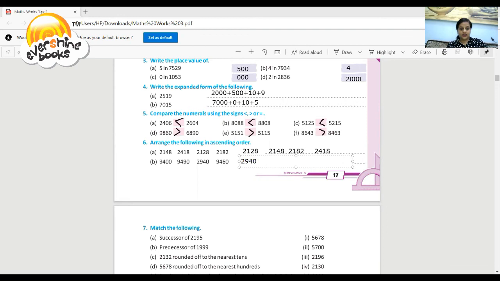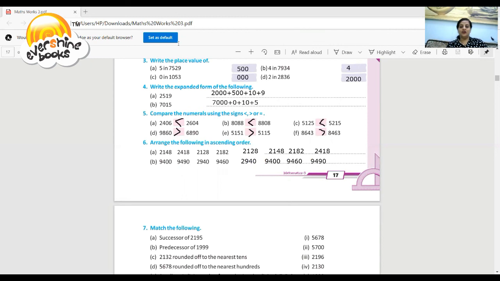After that 9400 will come, then 9460 will come, and after that the biggest number is 9490. This is the answer.